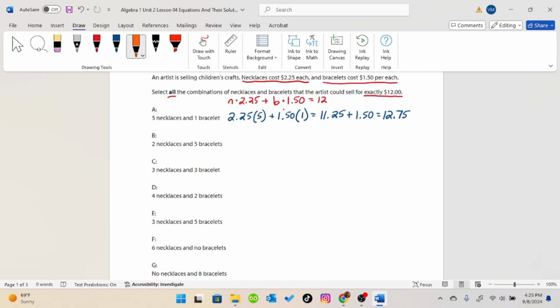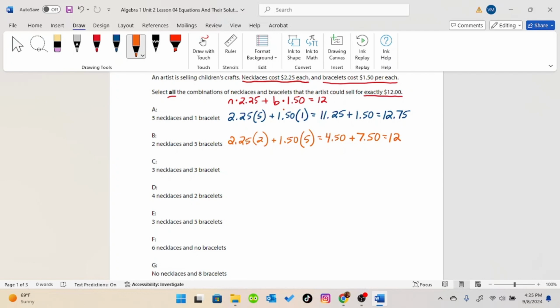Now we look at B. We have 2.25 times 2 plus 1.50 times 5. 2.25 times 2 is 4.50, and 1.50 times 5 is 7.50. 4.50 plus 7.50 is $12.